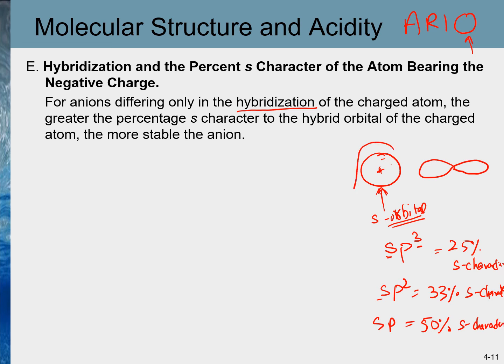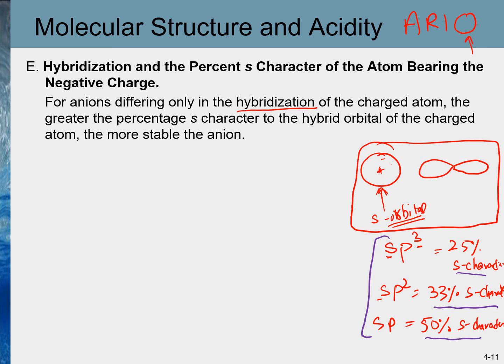As I explained here, the negative charge is more stable in s orbital, and in organic compounds we don't have pure s, we have sp. So what we look for is the s character. If the negative charge is present in an atom which is sp hybridized, that atom has 50% s character compared to sp3.